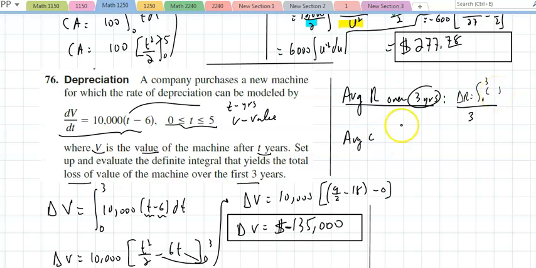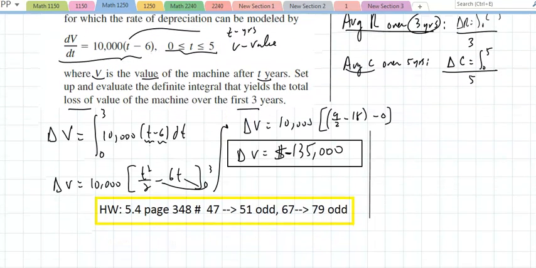If I want to figure out the average cost over 5 years, I will figure out the total change in cost over the 5 years, and I'll divide that by 5. That will give me the average cost over the 5 years, per year. Just a hint for your homework, because they ask about an average.